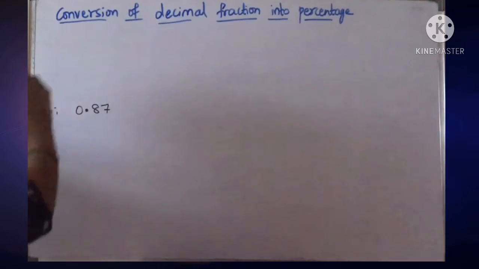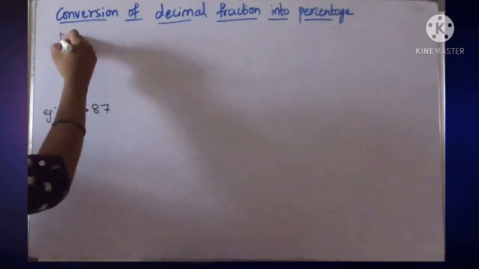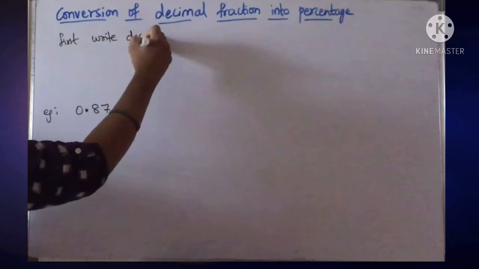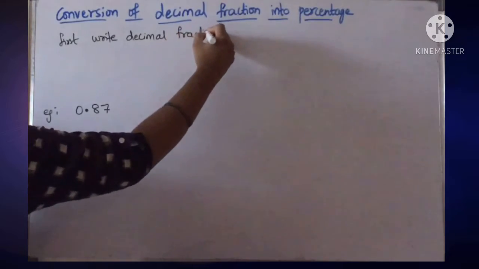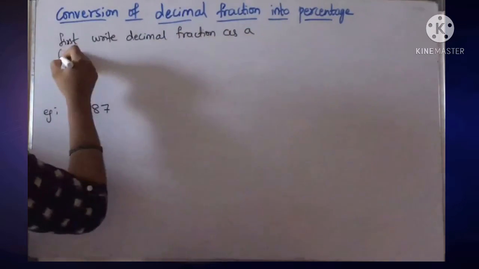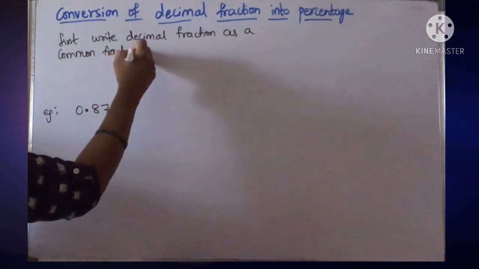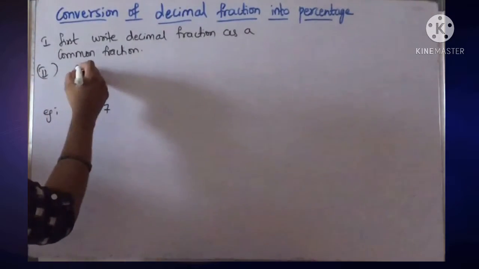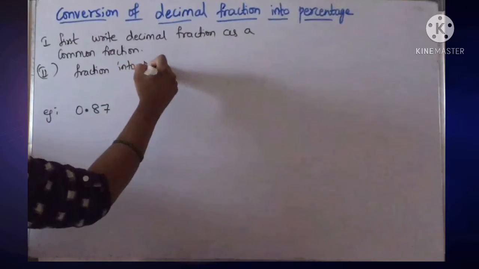So to convert a decimal fraction into percentage, first write the decimal fraction as a common fraction. This is the first step, and in the second step you convert that fraction into percentage.